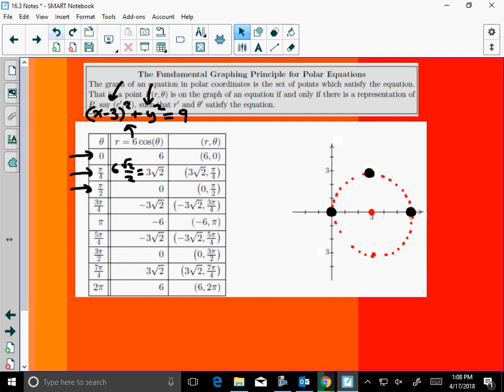3 pi over 4. We can agree, okay? That's what we get out, negative 3 root 2. So which way are we extending? Left. I'm extending left about 5, and then how many degrees am I going to rotate? 3 pi over 4. Check it out. Get ready.